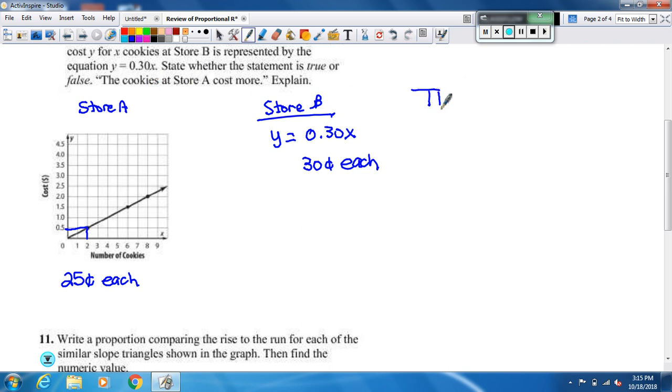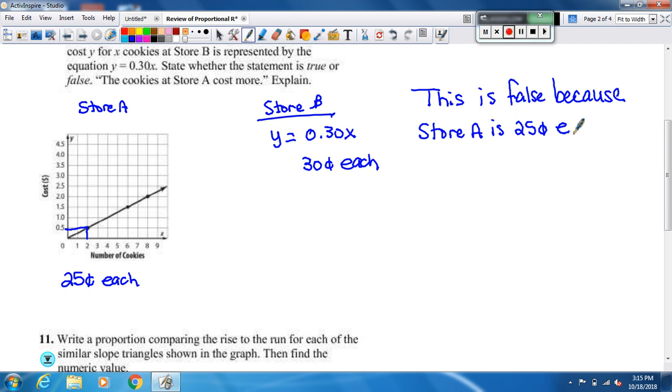This is false. Because, remember when they say explain, you need to write a sentence for an answer and use the word because. Store A is 25 cents each. And store B is 30 cents each.